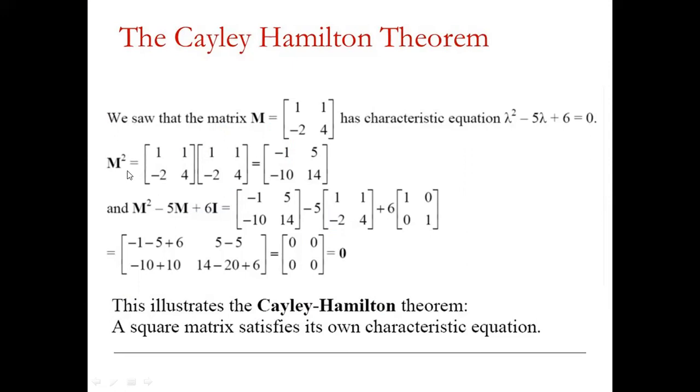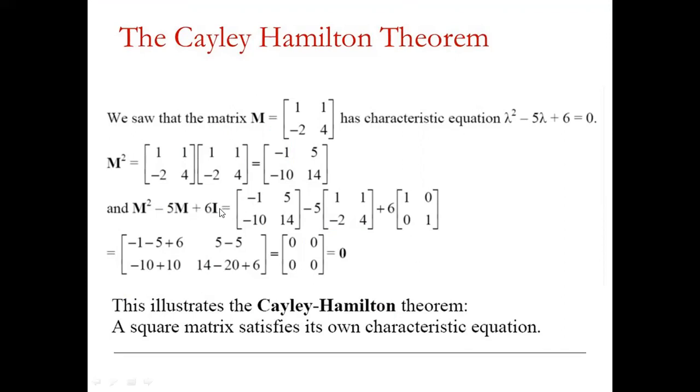So M square equals M into M, which gives us, after multiplication of these two matrices, minus 1, 5, minus 10, 14. If we substitute M in the place of lambda, we get M square minus 5M plus 6I. I stands for the identity matrix.